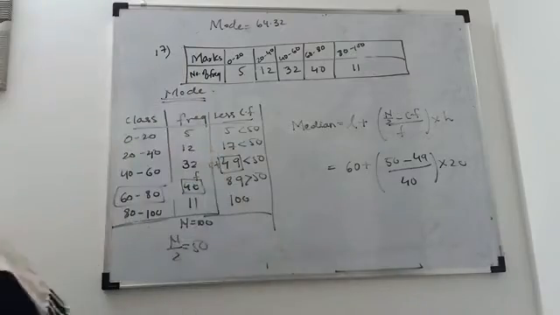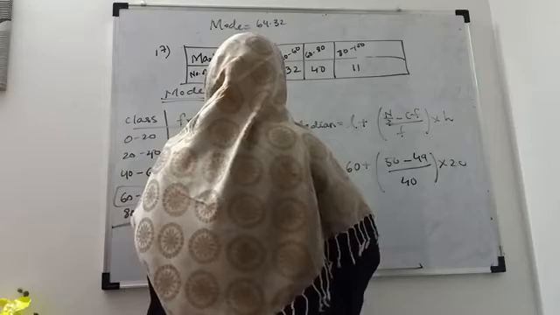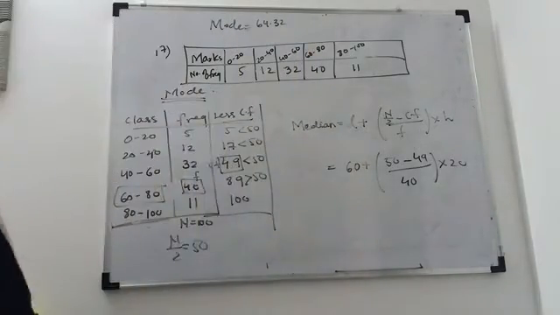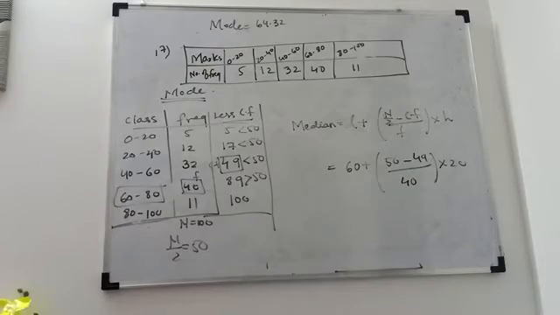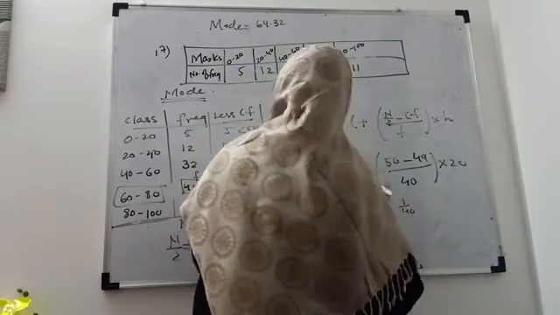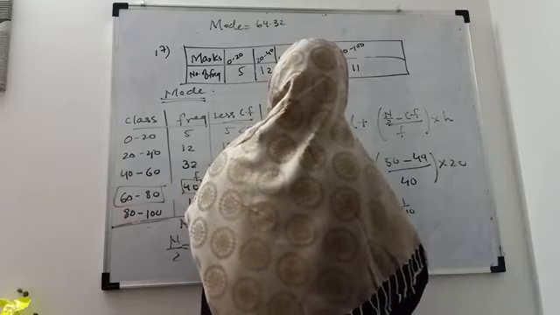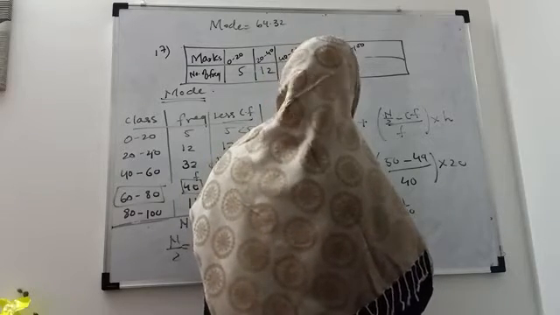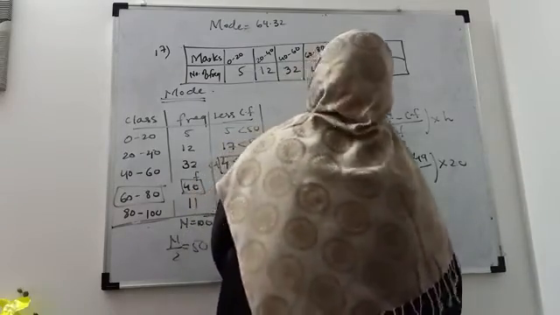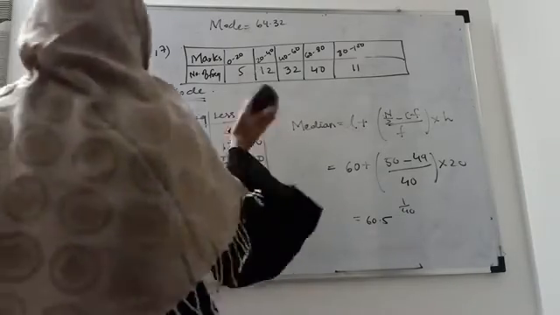So we'll do the calculation. Here 50 minus 49 is 1 upon 40. 1 divided by 40 multiplied by 20 plus 60, 60.5. Answer is 60.5.